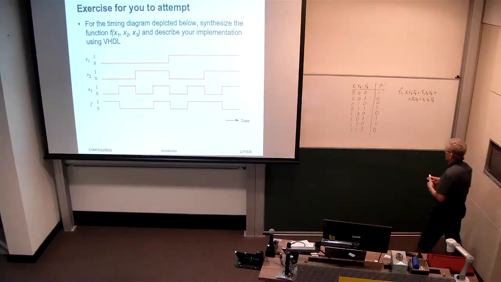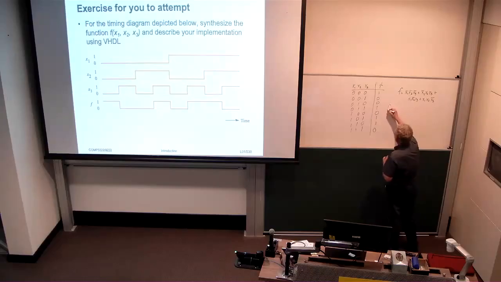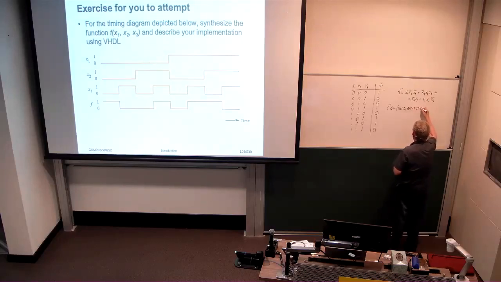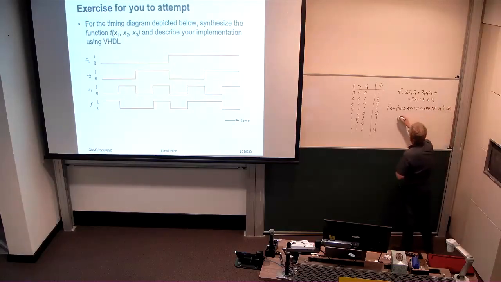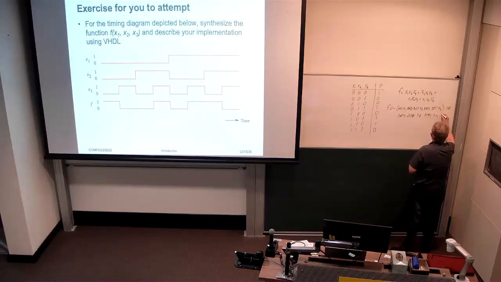In VHDL, we would express this slightly differently. The critical statement would be the signal assignment statement, which would be, we'd have to write this out: not x1 and not x2 and not x3, or not x1 and x2 and x3, or, and so on, right?